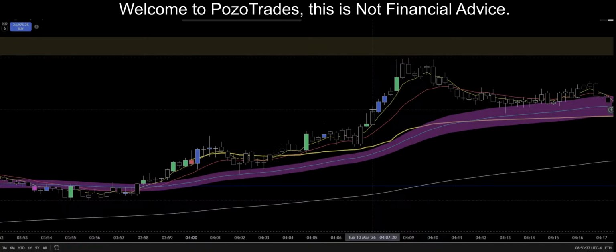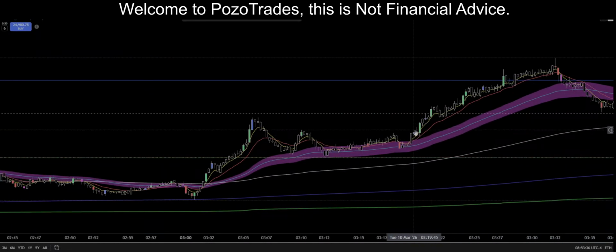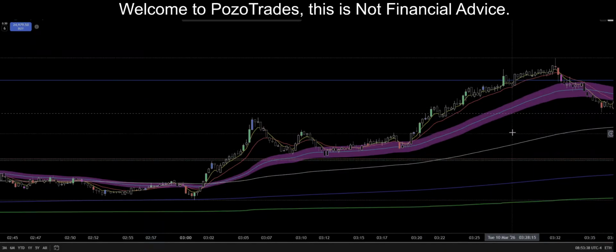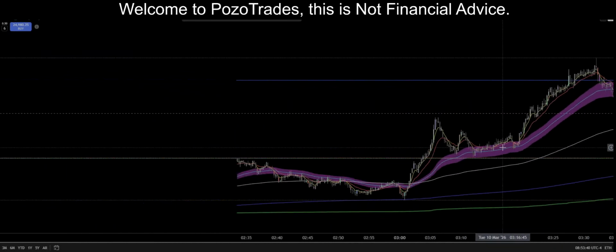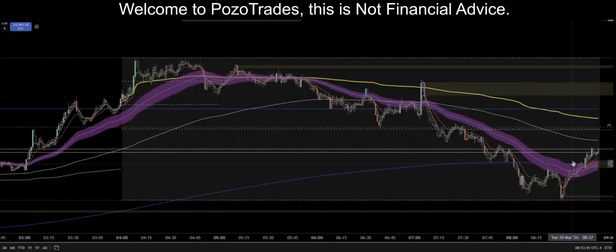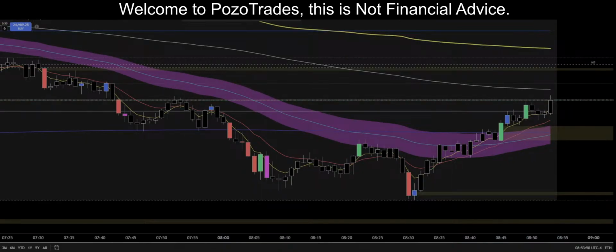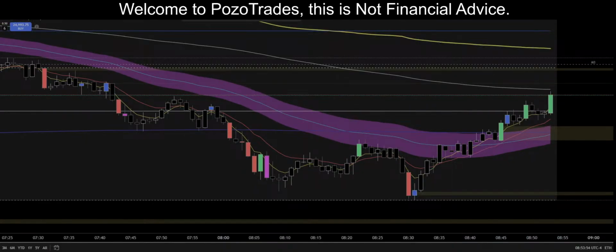You have to be careful once you start seeing blues and greens on the 15-second because they do typically, it's like last push kind of stuff. Yeah, here, and then they came all the way back down for all of them later on. Nice push.